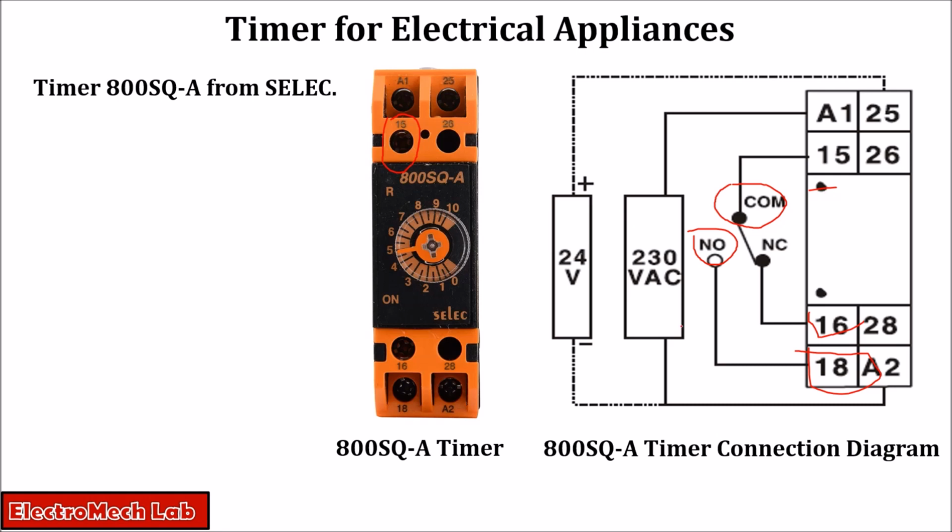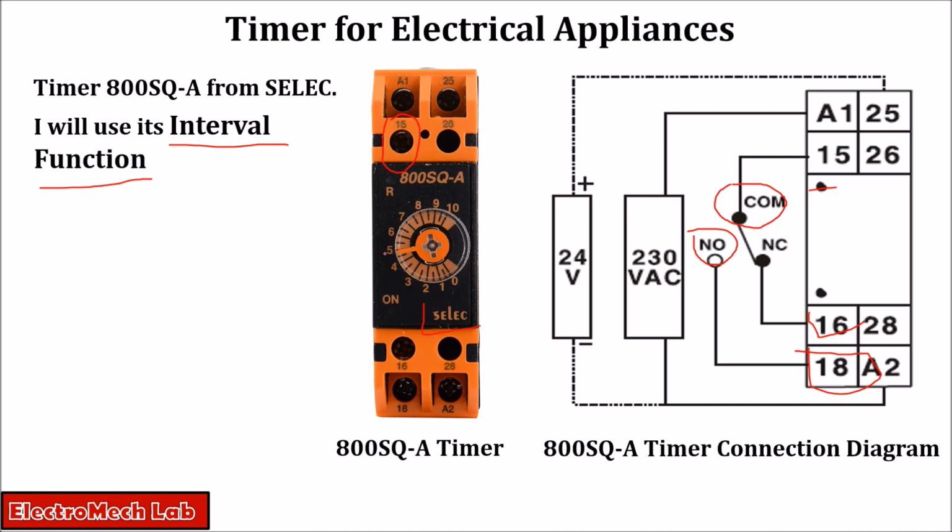This is the connection diagram of the 800 SQA timer from Selec. For time setting, there are two modes, which I will tell you further in this video. But at present I will be using the interval function.